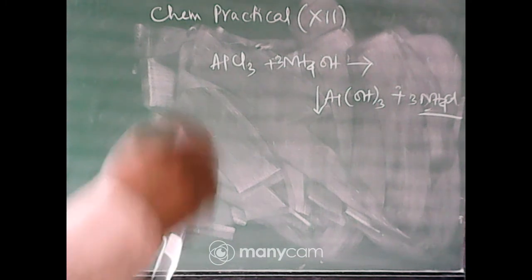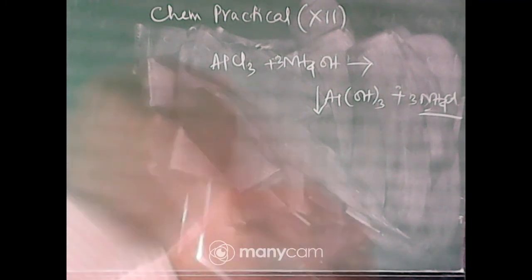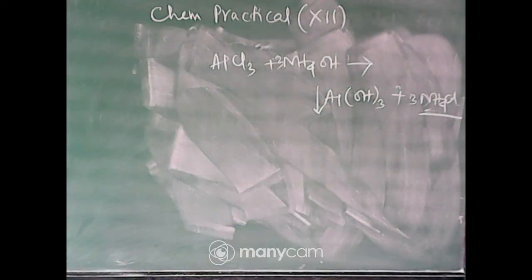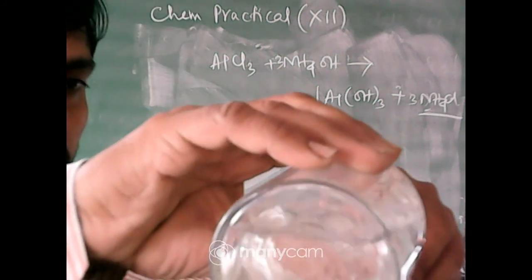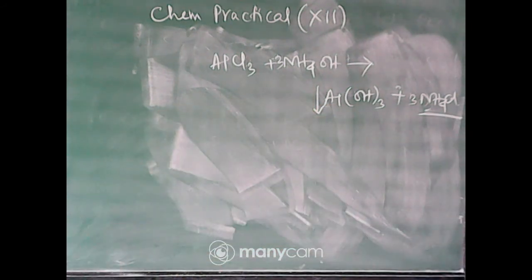Then ammonium chloride and ammonium hydroxide. A transparent, clear solution. Next add ammonium chloride. This is ammonium chloride, add there. Then ammonium hydroxide.